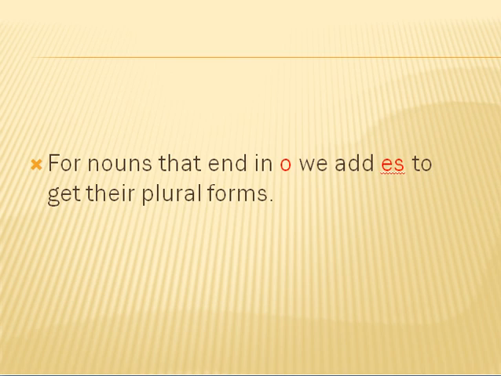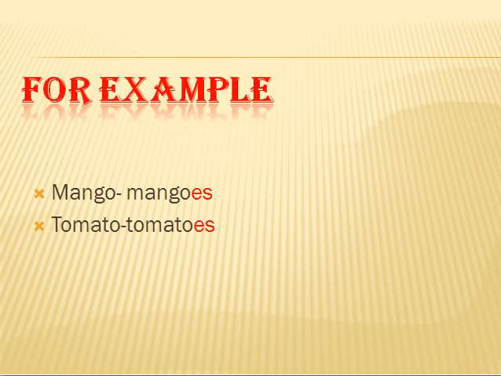Now another rule is, for nouns that end in o, we add es to get their plural forms. Means those nouns that end in o, wherever o is at the end, we have to add es to get their plural forms. For example, mango. In mango, after o we have to add es to make it plural. Similarly, tomato.